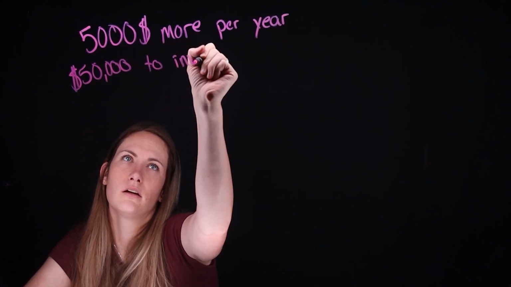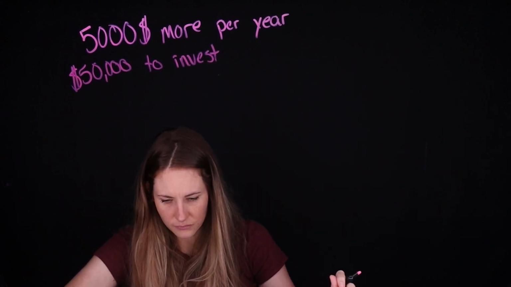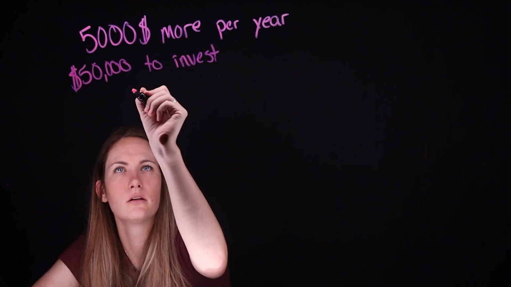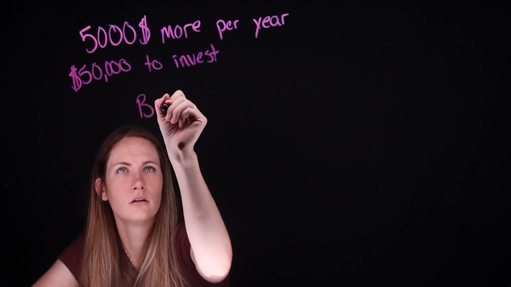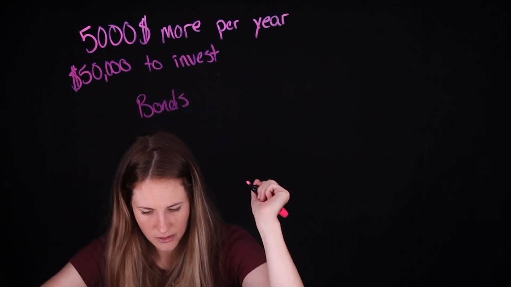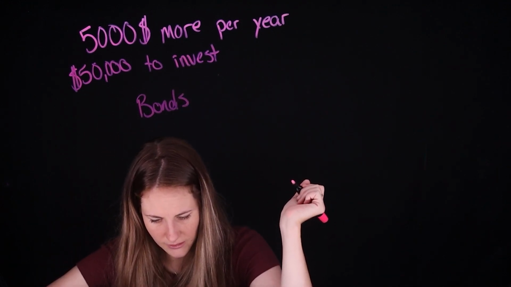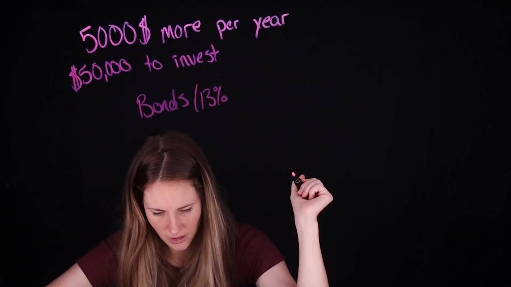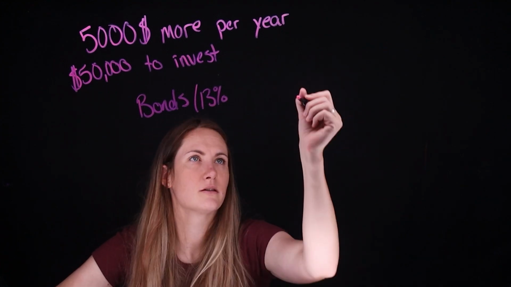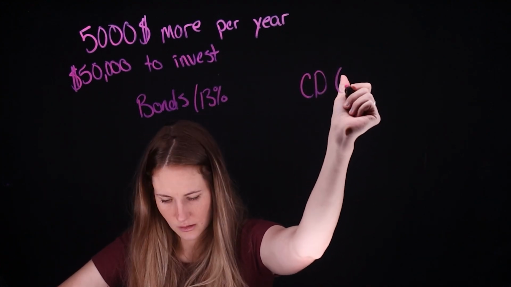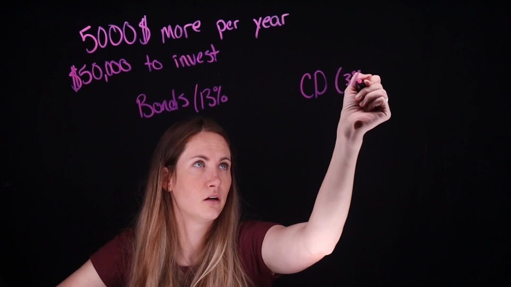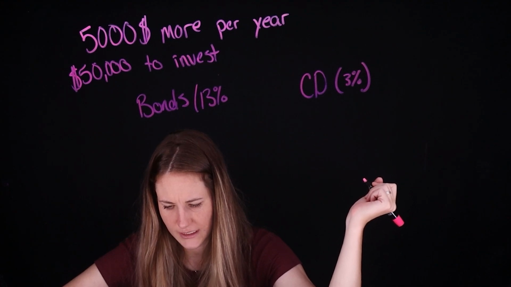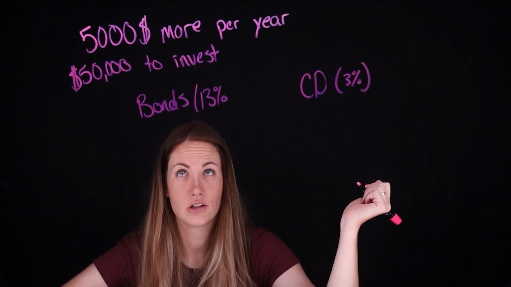So we're investing. And can invest in B-rated bonds, so bonds that pay 13% per year. So I'm going to put 13% by my bonds. Or in certificate deposits at 3% per year. How much money should be invested in each to realize exactly $5,000 in interest per year?